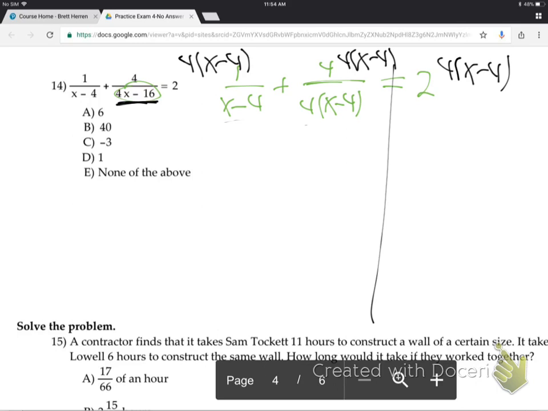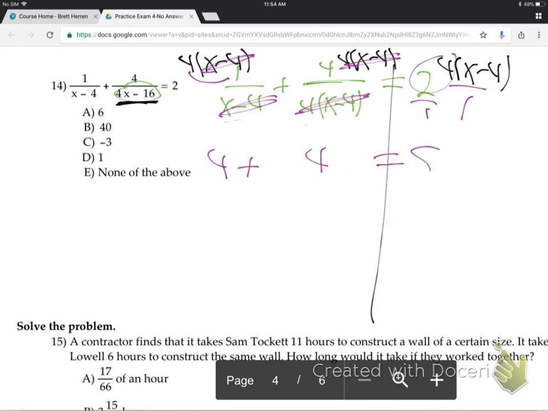Cross cancel, multiply whatever's left over. So what cancels? Boom, boom. What's left? 4 times 1, that's just 4. Boom, boom. What's left? 4. Now here, do I cancel 2 into 4? No, these are both over 1. They're not denominators. There's no cross canceling happening. There's nothing low to high there, is there?